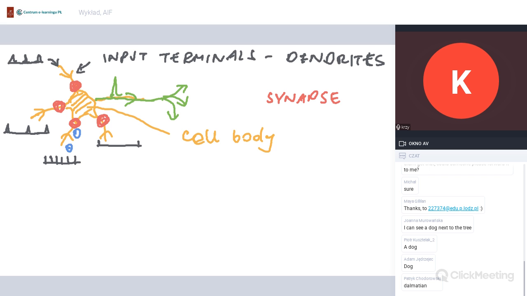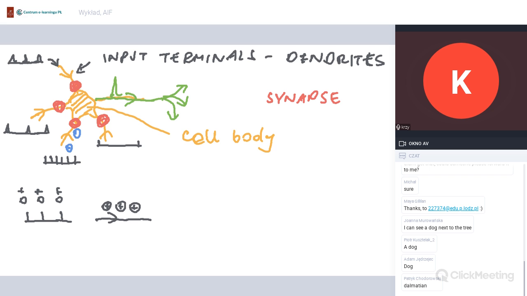What does it mean? If I imagine a single input, I'm applying electrical pulses to this single input. That means that I am, let's say, applying ions. Let's say 3 ions, and let's say they are positive. So this gets applied to an input terminal, to a dendrite. Let's say I have 3 pluses flowing to the right.